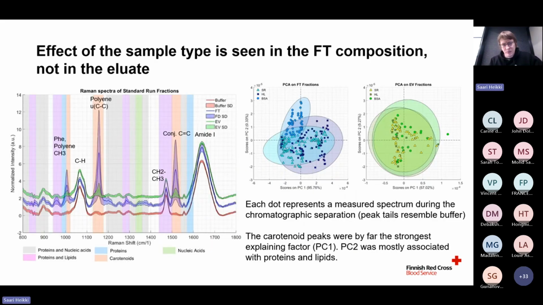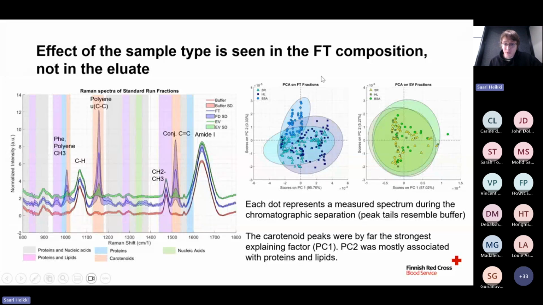Then using principal component analysis, we wanted to see if we can see differences based on the sample type in these fractions. In this principal component analysis, you can see that these blue circles, which correspond to the BSA spiking sample, form a clearly separated group in the flow-through compared to the others.